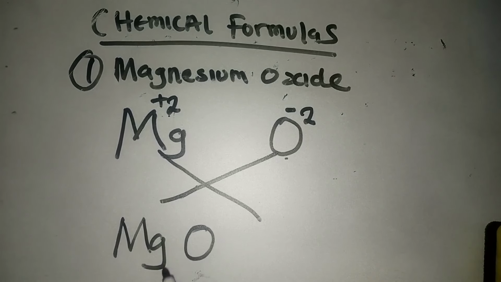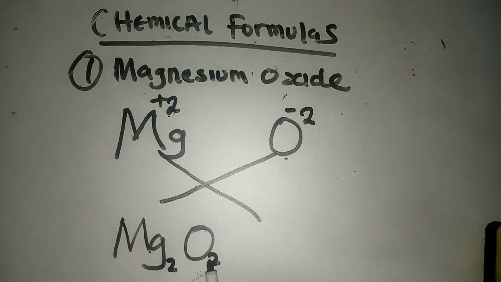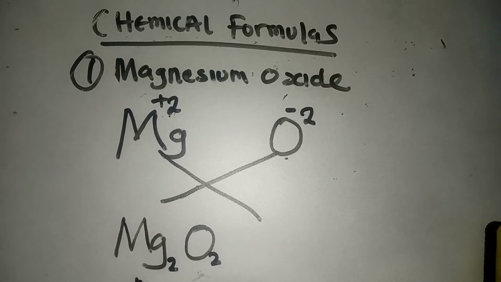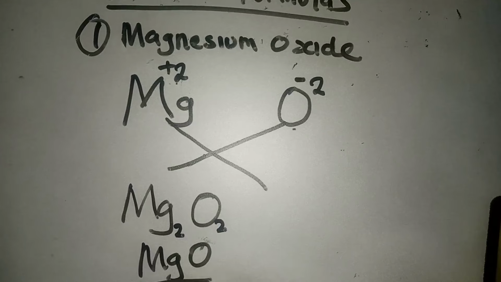In this case, it will be 2 and 2. These are equal numbers, so you can simply cancel them. The 2 can go there and the 2 there. So your final answer is MgO, magnesium oxide.